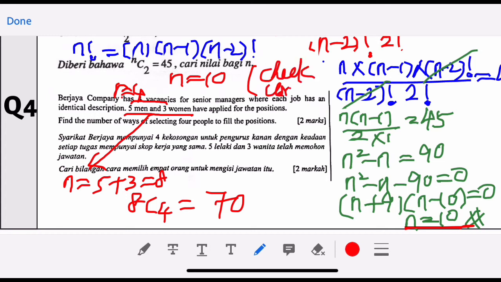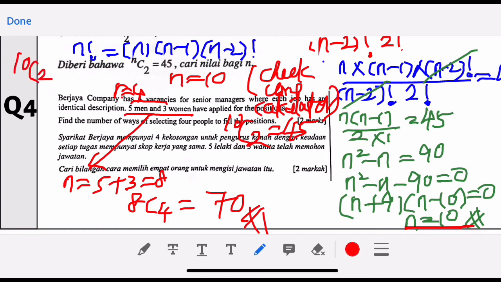After we do it, we always check the answer. For this question, we have to use a calculator and always double check. Like the example just now, n equal to 10, so you can write 10C2 equal to 45. Always double check using the calculator so that you will get the perfect answer for combination. Combination is easier because the order is not important, but you must know the formula.